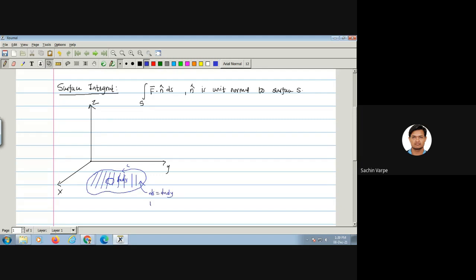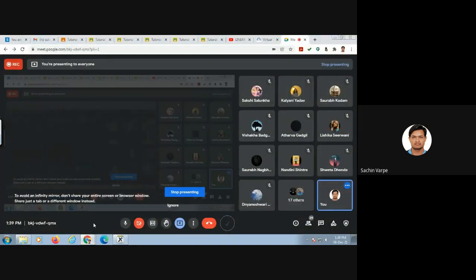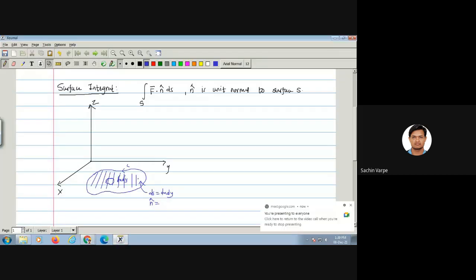And what will be n cap to this surface? Am I audible? Yes, sir. So what is the normal vector to this surface?